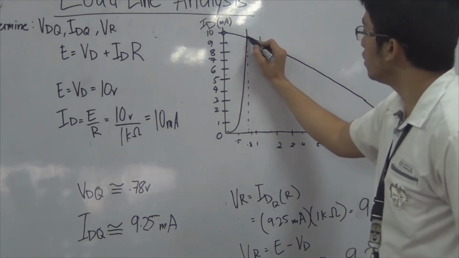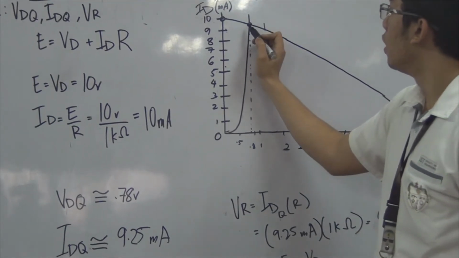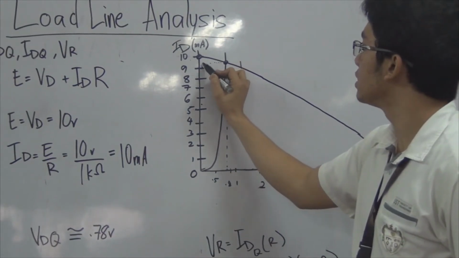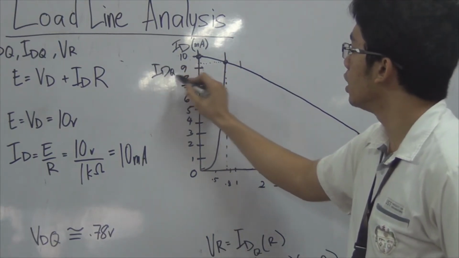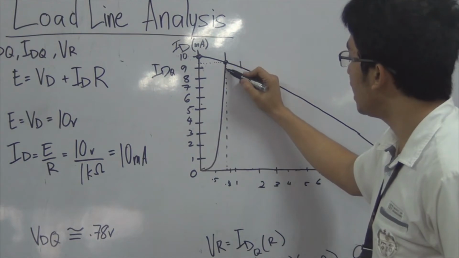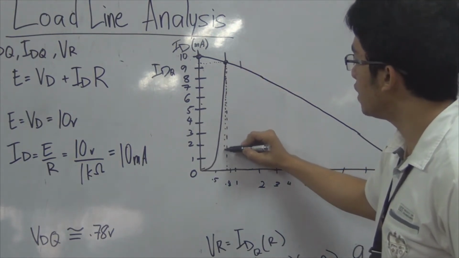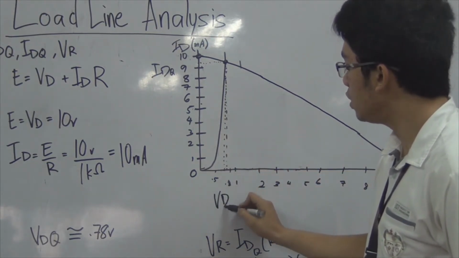The intersection is now called the Q point. When we draw a line from the Q point towards the vertical axis, we will have our IDQ. Then when we draw a vertical line towards the horizontal axis, we will have our VDQ.